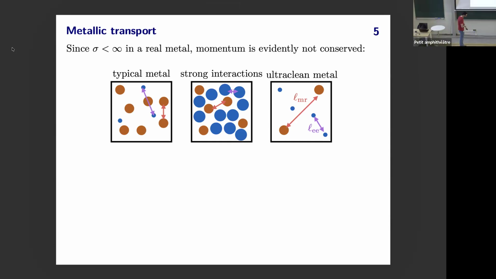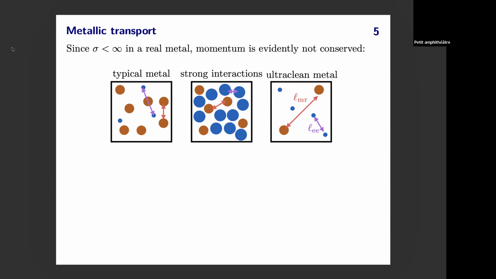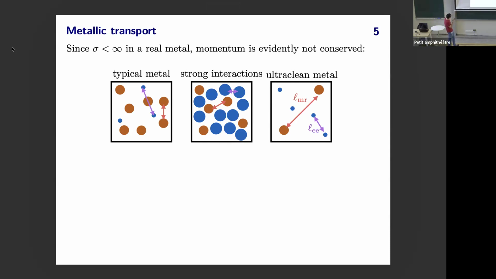That's maybe surprising because if you go to an undergrad lab and you measure the resistance of a metal, it's not zero. So evidently momentum is not conserved in metals. And I would say morally the cartoon that I usually give for what's happening in a typical metal is the following. Metals are kind of dirty.